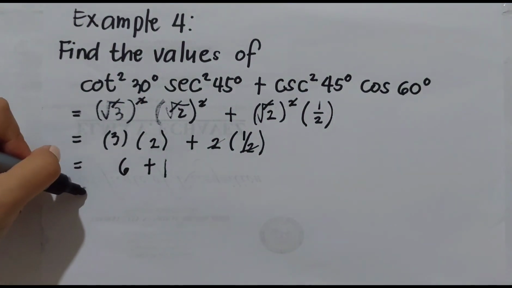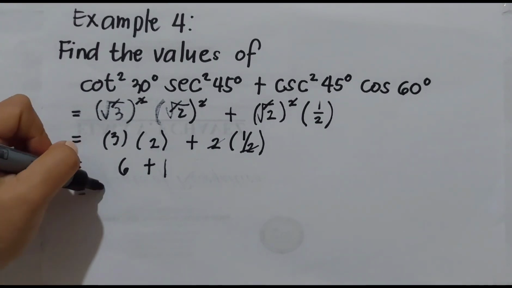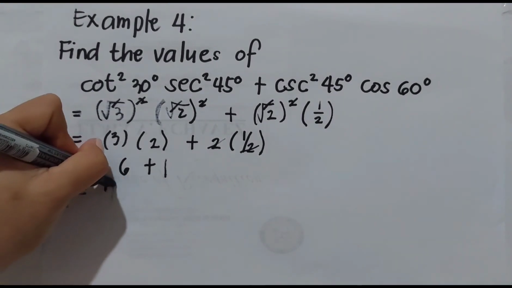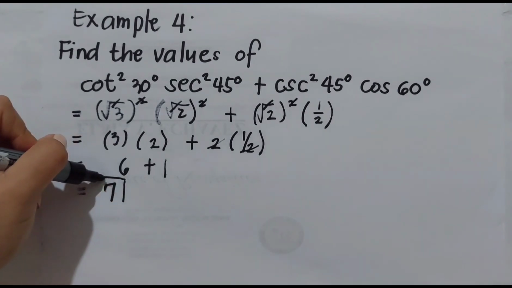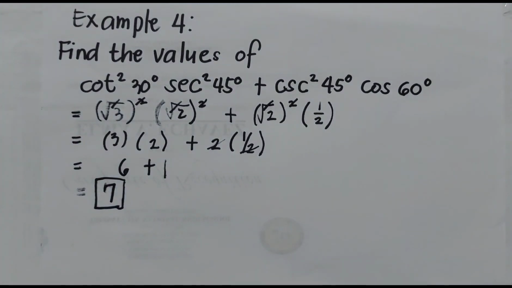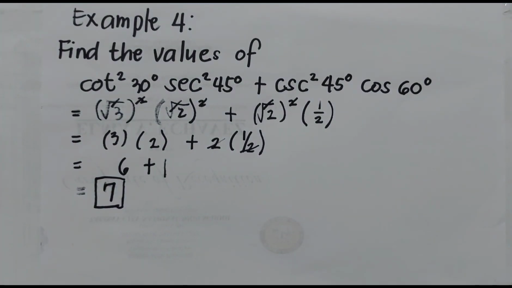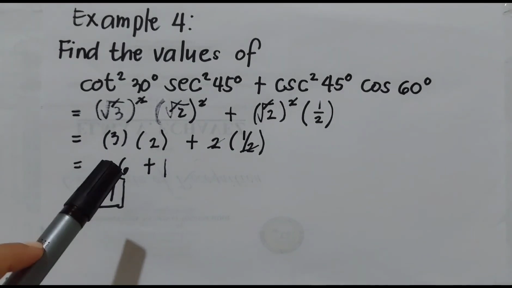So, 6 plus 1 is 7. Okay, 7. So, therefore, the value of cotangent square 30 degrees times secant square 45 degrees plus cosecant square 45 degrees times cosine 60 degrees is 7.